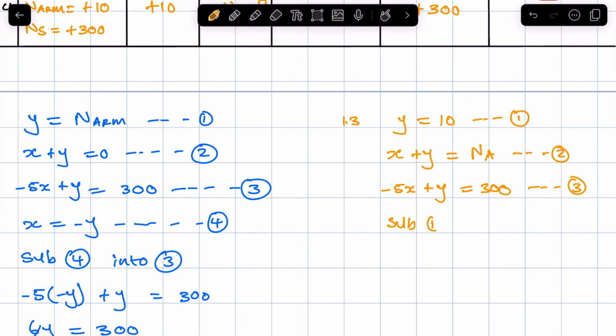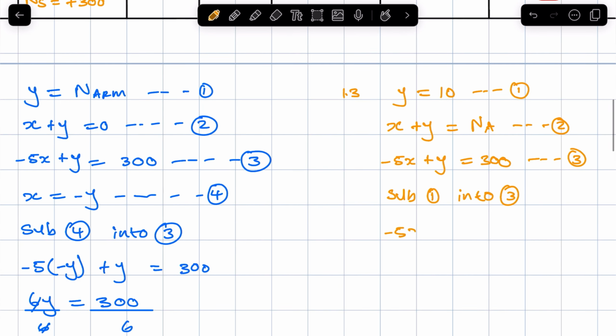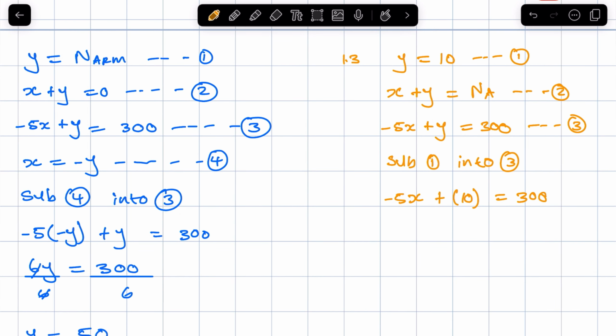So you sub equation 1 into the third equation. So we have minus 5x plus y, which is positive 10, is equal to 300. Then you can transpose the 10 to the other side. You have minus 5x is equal to 300 minus 10.